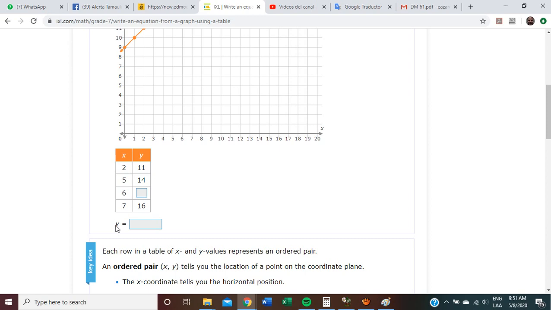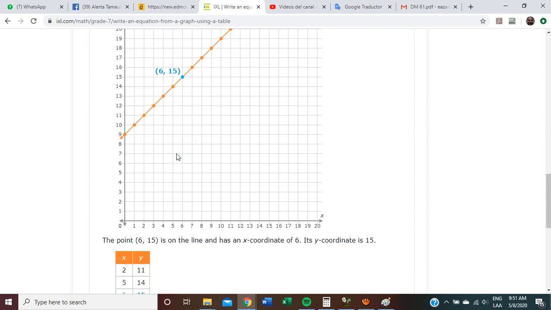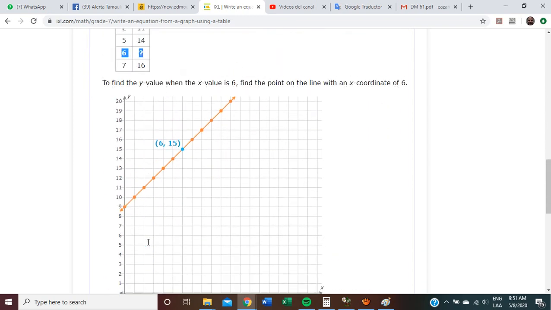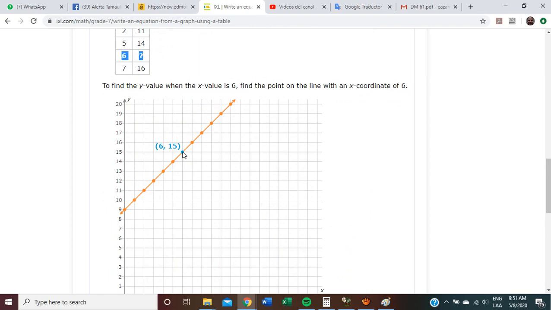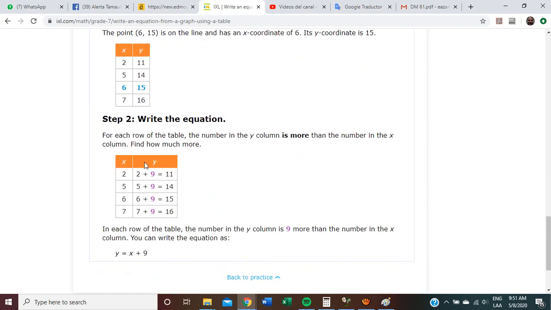So we're going to write this equation starting with y. As you can see, the coordinates of this point are 6, 15. So now we know that if we add 9 to the value of x, we get the value of y.